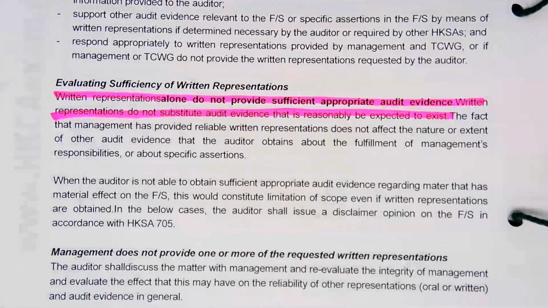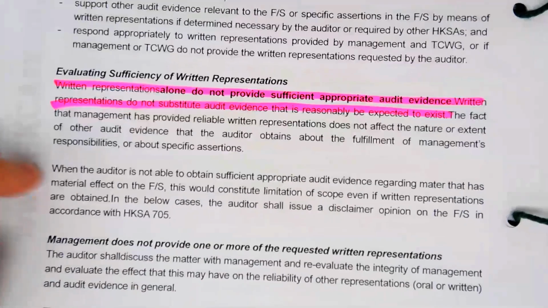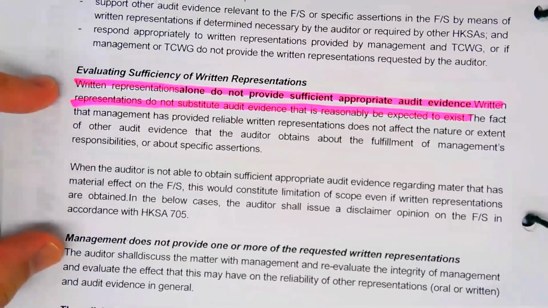Or you will see something like that. Your client says that, I will provide you a written representation that the bank balance and the bank loan is correct. You don't have to send a bank confirmation, something like that. Whenever you come to a case like this, you answer using this part.